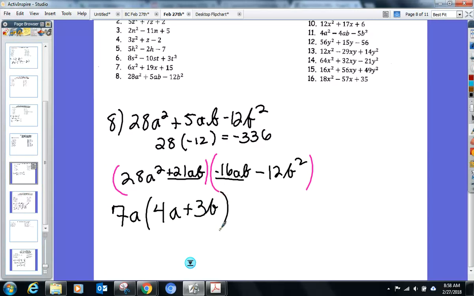All right, I want the same thing left in the next parenthesis. What can I take out?